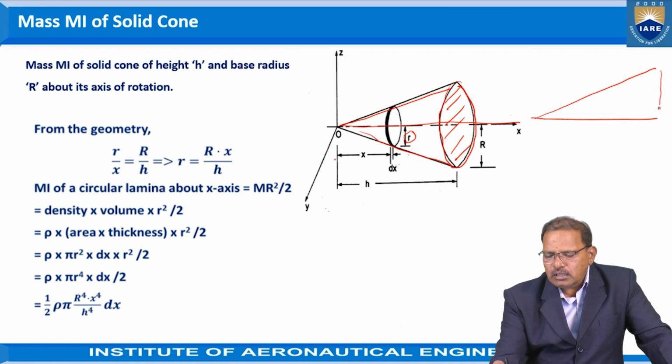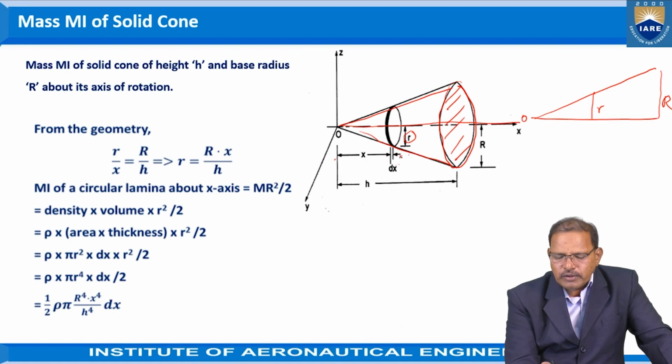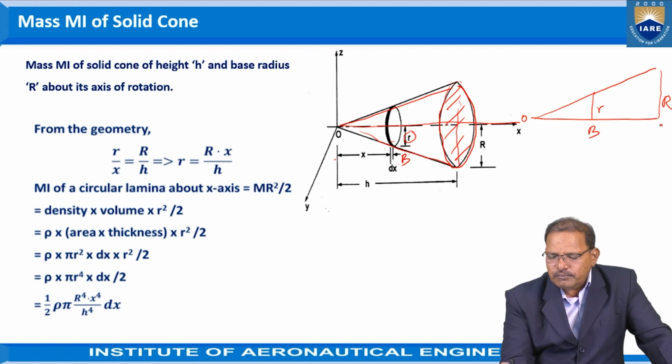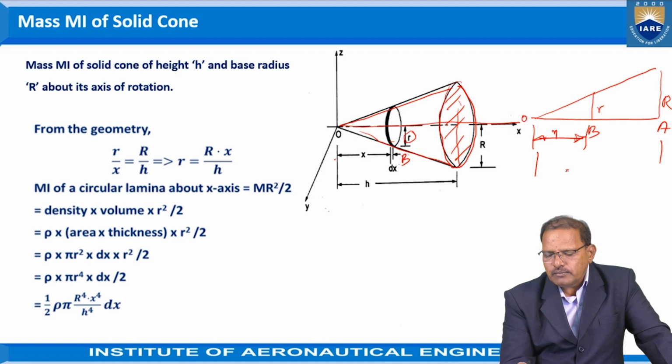This is capital R, this is small r, and this distance is x.